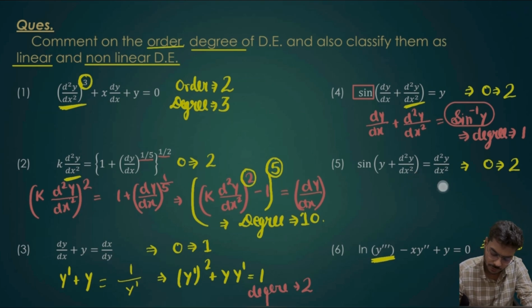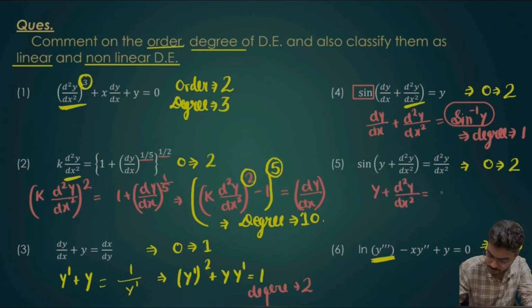If you notice in the fifth one, we have sin x and its derivative present inside the sin. If I remove the sin, what will I get? I will get sin inverse, which is also not possible in terms of derivatives.